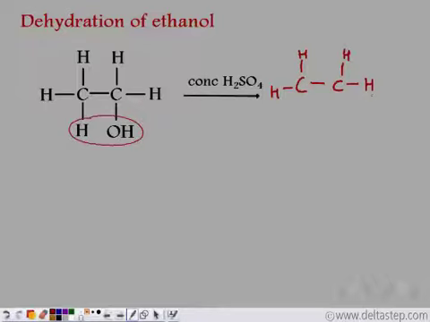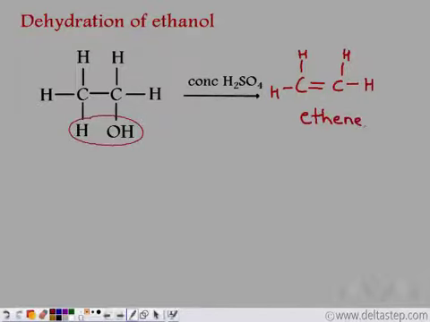So, in order to complete its tetravalency, it forms a double bond. As this H and OH is removed, it forms a double bond. So now each carbon has 4 covalent bonds. So, by using concentrated sulfuric acid, that is by the dehydration of ethanol, we get ethene.